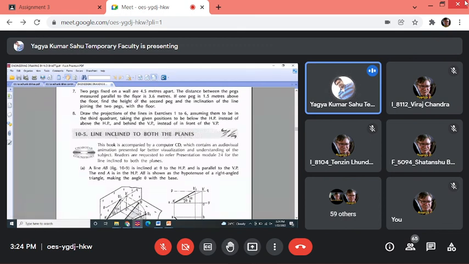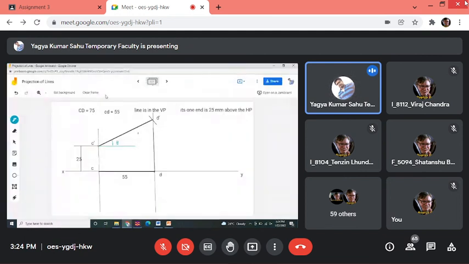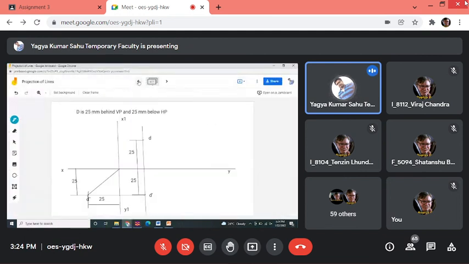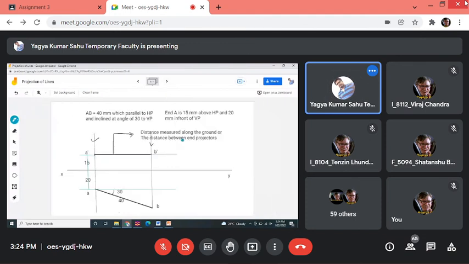4.5. Okay, 4.5. And the distance between the pegs measured parallel to the floor, parallel to the ground, is 3.6. Now I am showing you one example where I measured along the ground, the distance between the end projectors. So which distance is that? That is nothing but giving us the distance of front view.